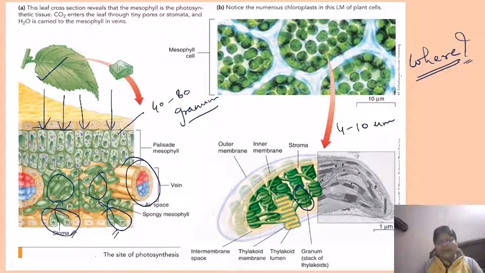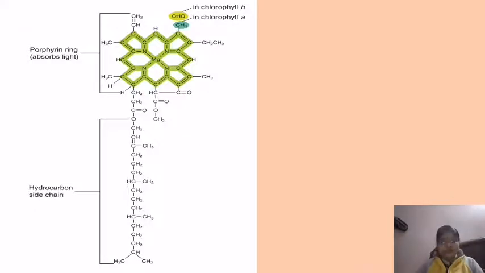Again, I'm repeating for you, although it's a repetition. You know that they are autonomous or semi-autonomous organelles. They have their own ribosomes, which are of bacterial type, that is 70S type. They have their own DNA, right? Circular DNA. So this is known to you. So your ultimate photosynthesis is taking place inside this chloroplast.